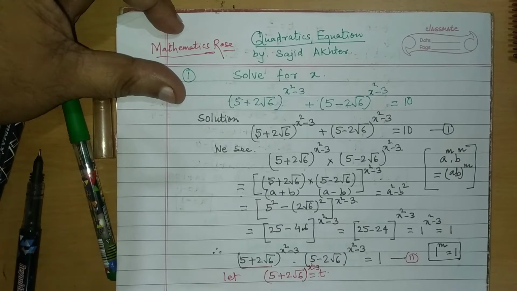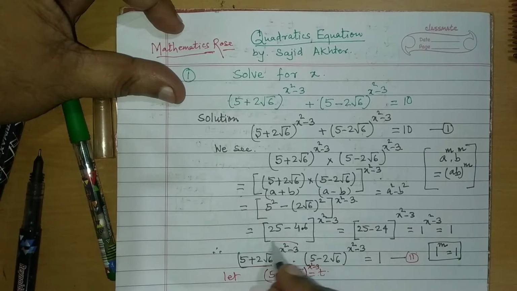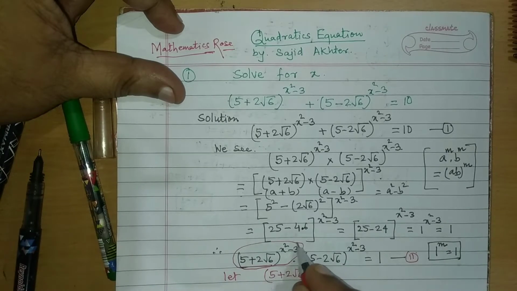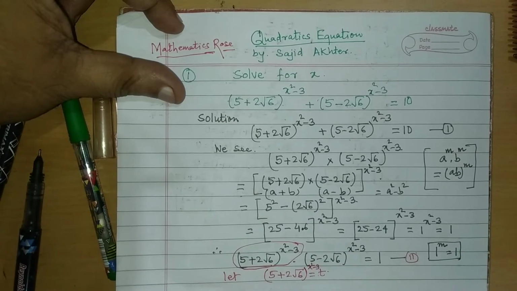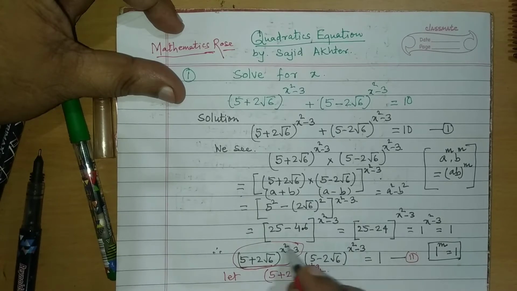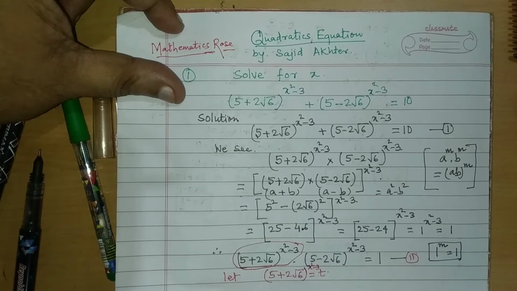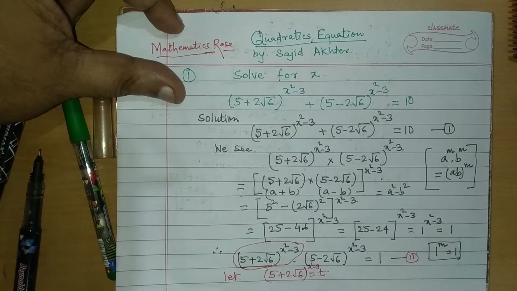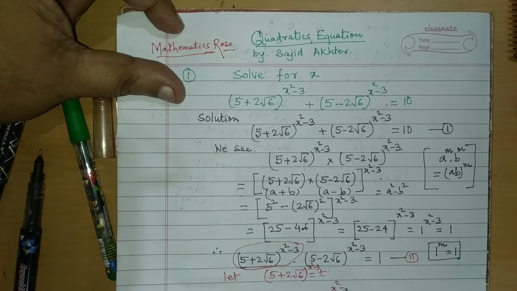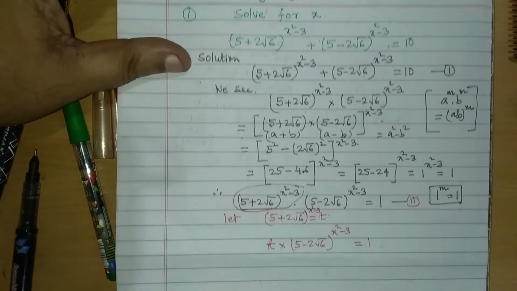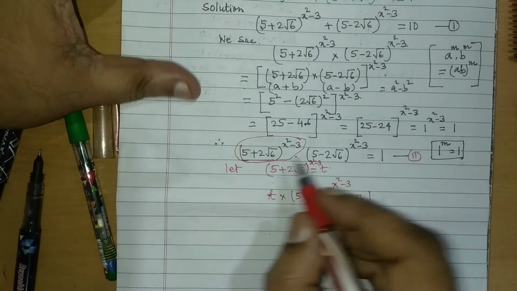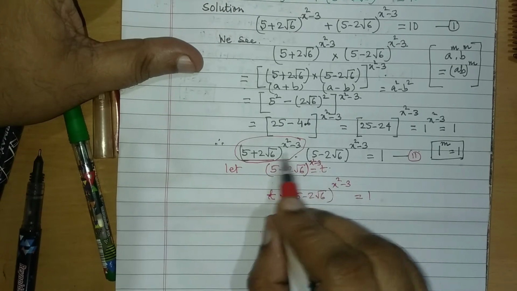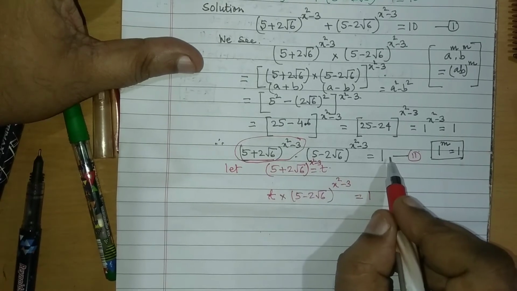So now this whole thing becomes t, and t into (5 − 2√6)^(x² − 3) is equal to 1. I think it is clear. So see here, these two have a product equal to 1, we have proved.